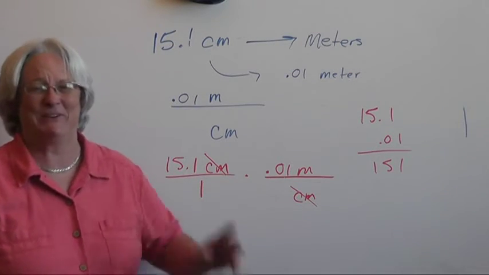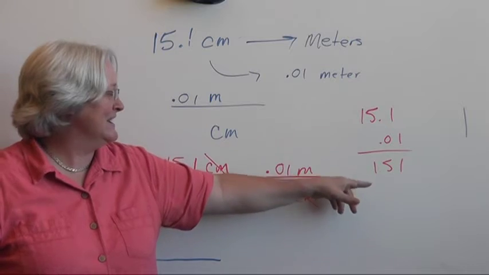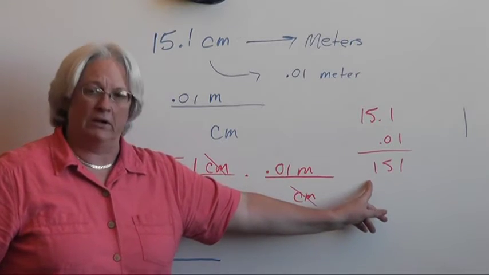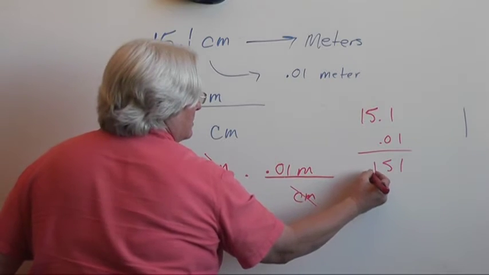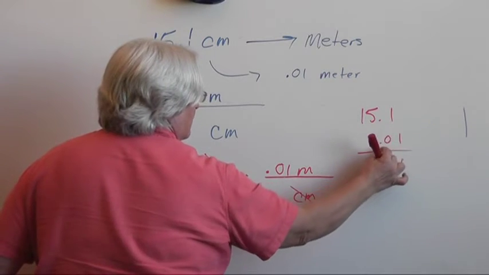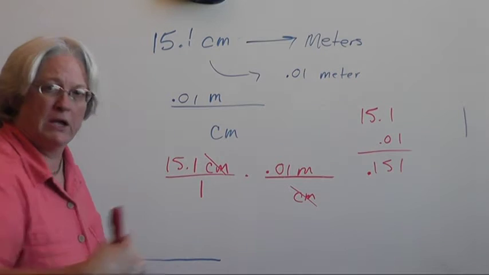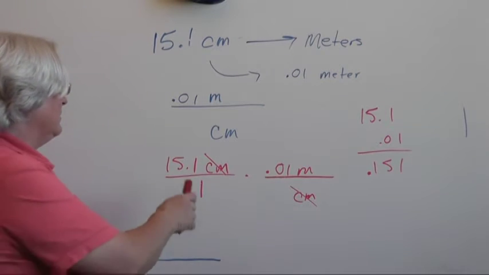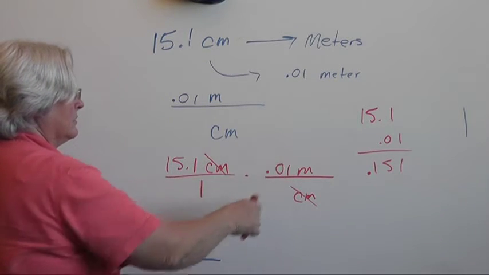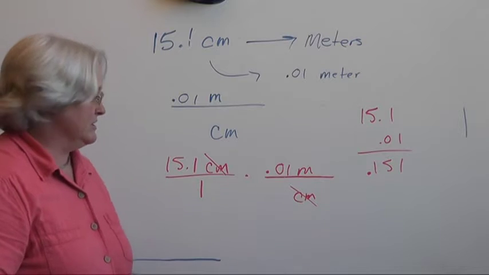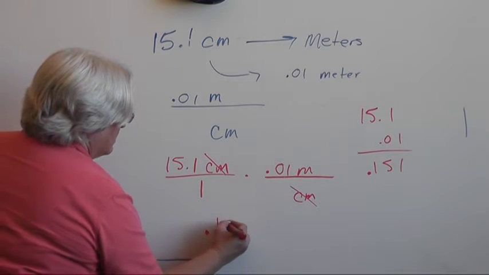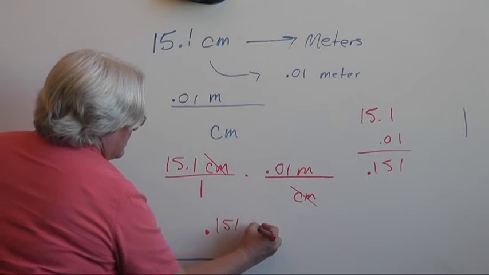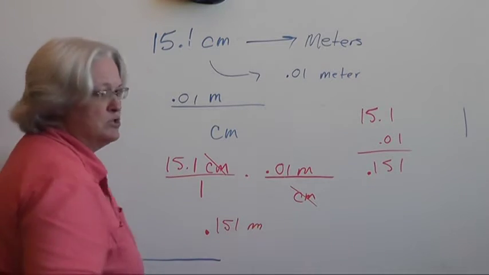Long multiplication, if we wanted to do multiplication. Where does the decimal point go? In front of the first one, because there are 3 spaces behind the decimal. So 15.1 times 0.01 meters is equal to 0.151. And then you have to put those units in there.